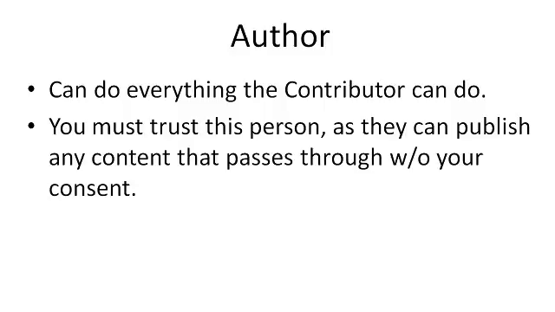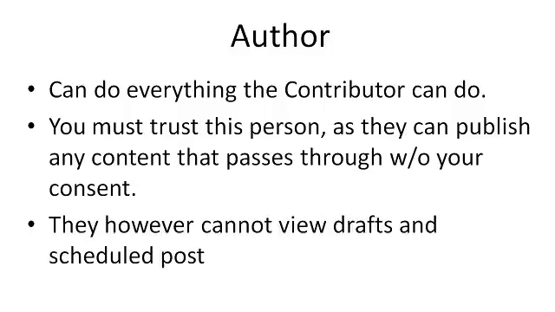So you got to trust the author. The author has a little more power than the contributor. They, however, cannot view drafts and schedule posts. So they have a little more rights, but there are still some limitations to their ability to do certain things.